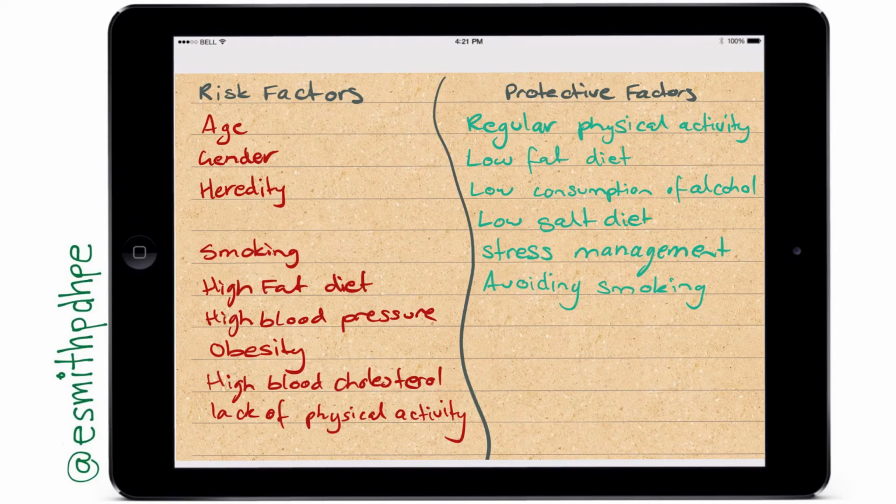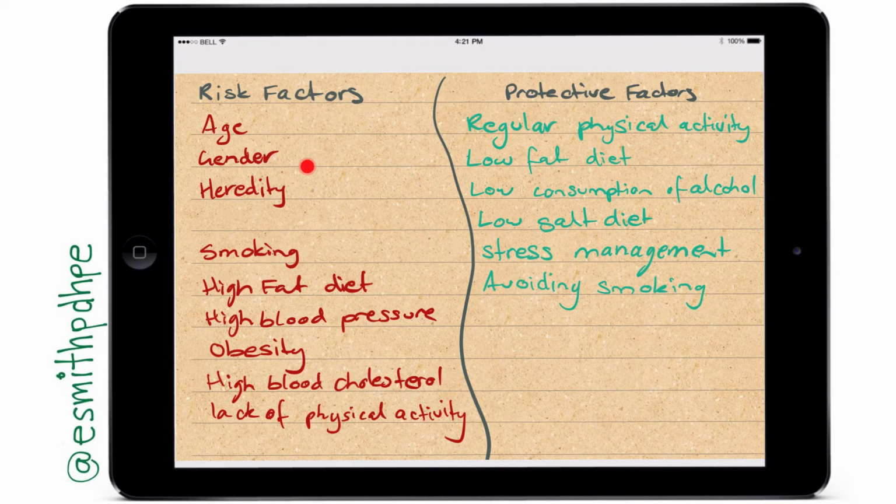When we look at the risk factors and protective factors for cardiovascular disease, now remember that risk factors are those factors that are detrimental to one's health, and protective factors are those factors that can improve health or support a person's health. Now when we explore risk factors, we need to make sure that we understand the concept that there are non-modifiable risk factors and modifiable.